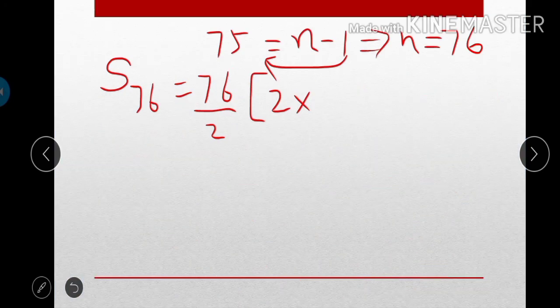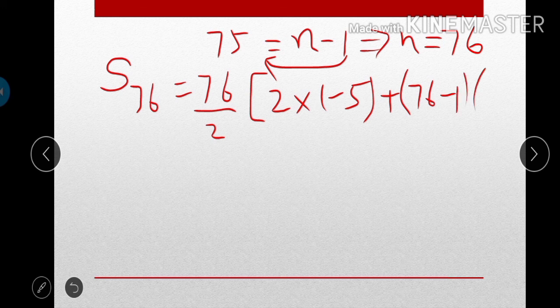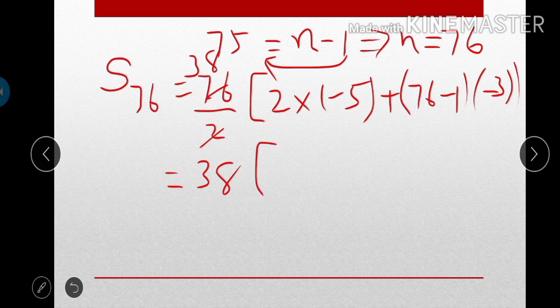Therefore 76 divided by 2 is 38. 2 into minus 5 is minus 10. 75 into minus 3 is minus 225.